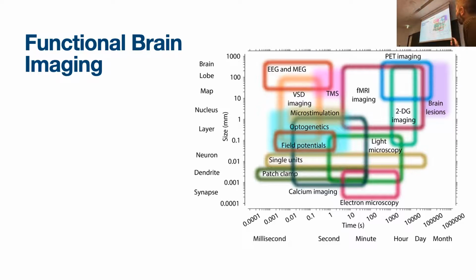What you see here is a space-time diagram, not space-time in the Einsteinian sense, but you have time on this axis and space on this axis. They're both scaled logarithmically. Time goes from milliseconds or tenths of milliseconds to lifetimes over here.